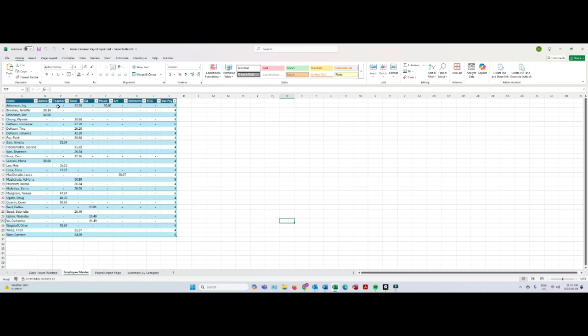So each category at the top, you can enter a specific rate for the employee for the different types of jobs that they work.